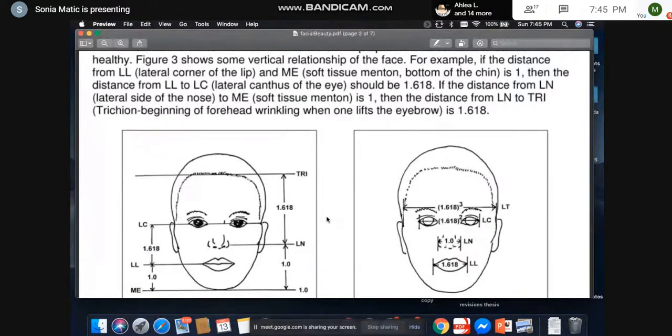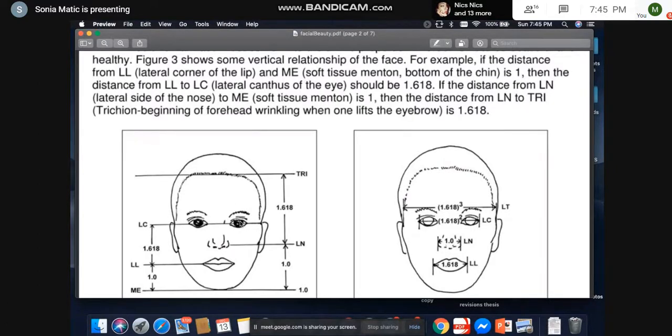For example, if the distance from the lateral corner of the lip, this one, and menton, this one, the soft tissue menton, is 1, then the distance from this left end to trichion, the beginning of the forehead, from here to here, is 1.